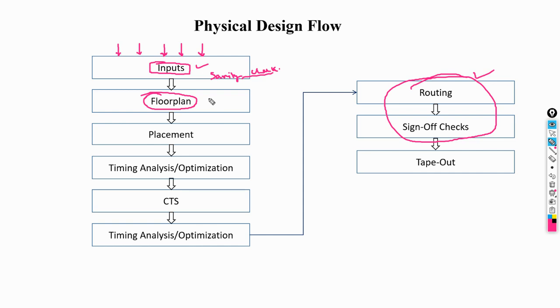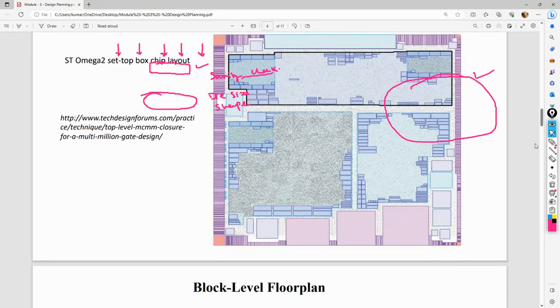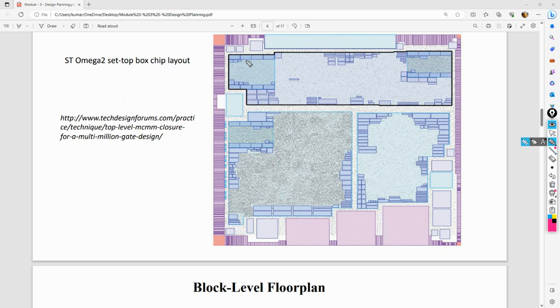This is the time where we look at die size estimation, placing your shapes and all of that. Now let me show you how a full chip would look. Now if you look at this, this is your full chip.